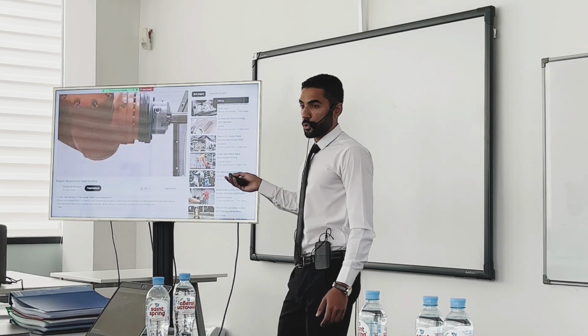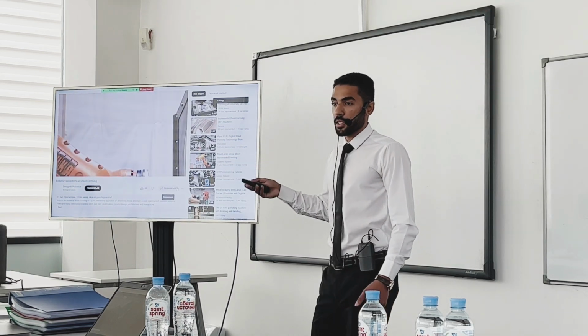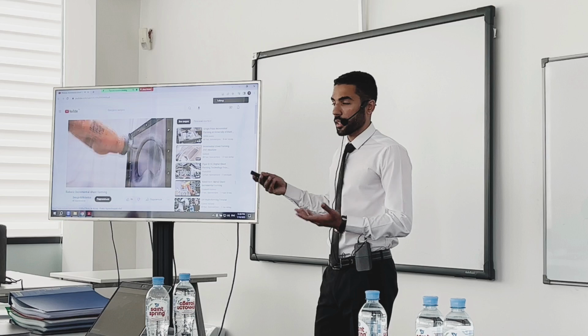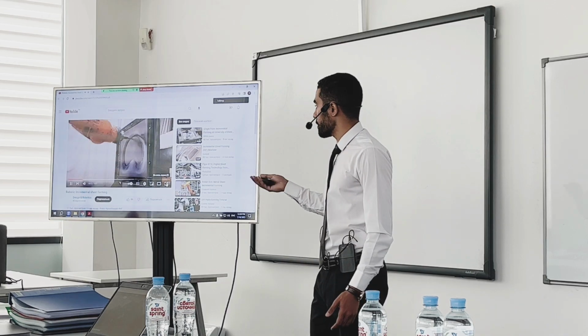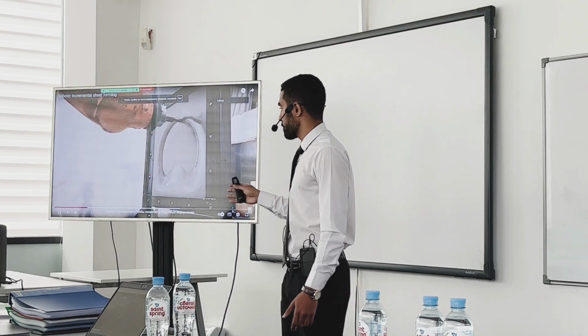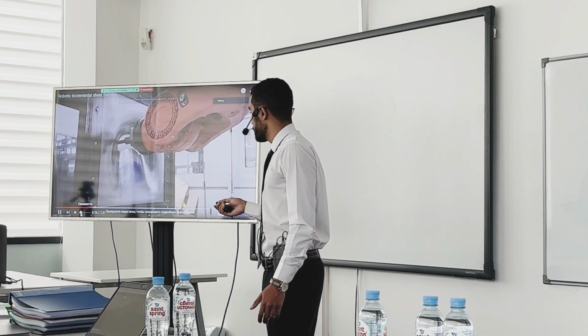So this is how the process works. You apply a progressive load on the sheet to make some deformation and have the final shape. So I think it's enough, so we can go through the presentation.